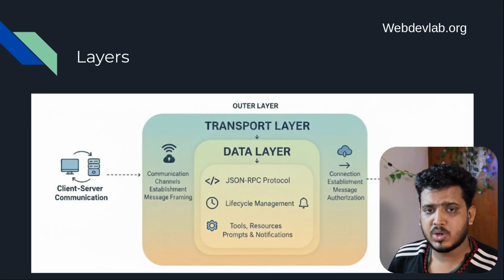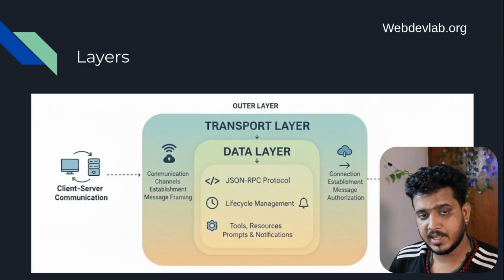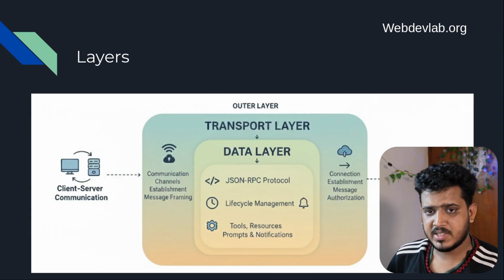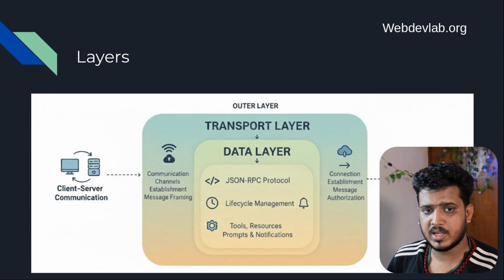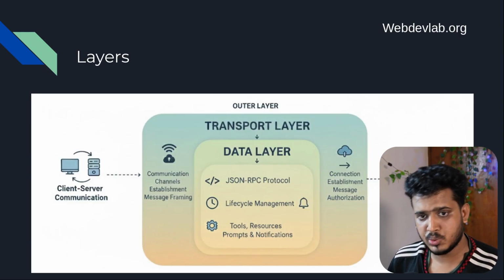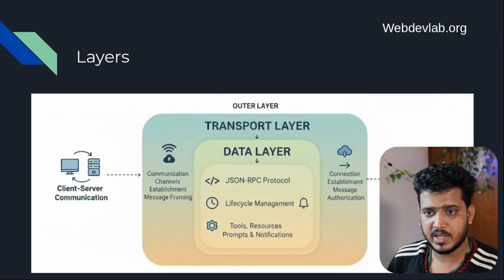MCP consists of two layers, data layer and transport layer. The data layer defines the JSON-RPC based protocol for client-server communication, including lifecycle management and core primitives such as tools, resources, prompts, and notifications. Conceptually, the data layer is the inner layer, while the transport layer is the outer layer.